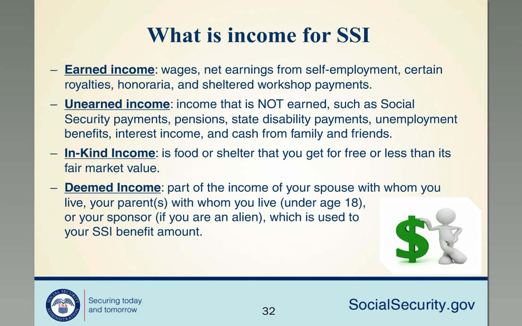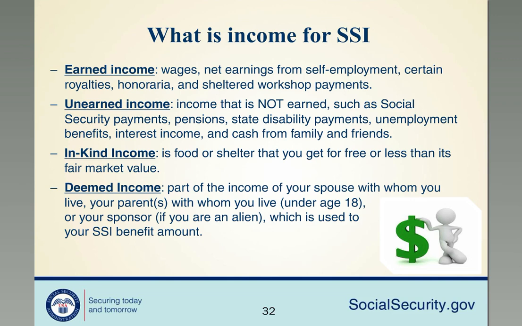Are you working? And if you are, how much money is coming in? We're also going to look at your unearned income. Are you getting money from some sort of pension or regular Social Security benefit, state disability, unemployment? Are you getting any type of income? So is anybody giving you money? That would be considered to be unearned income.